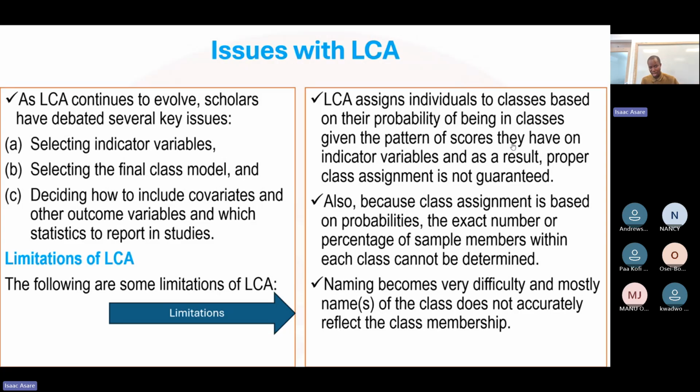If you're unable to select your indicator variables and you put your research in a publication house, it will be rejected. Or you want to make meaning of a certain situation, and people will just come after you and say, look, you don't know what you are about.